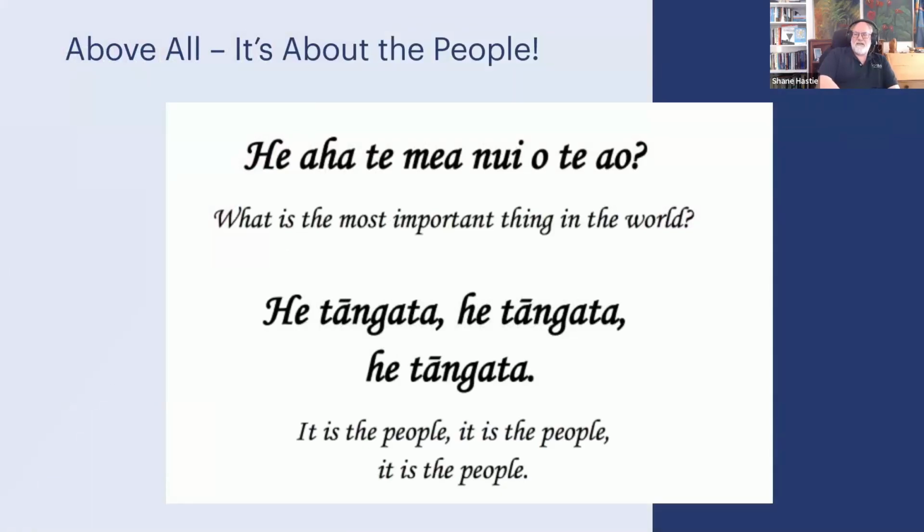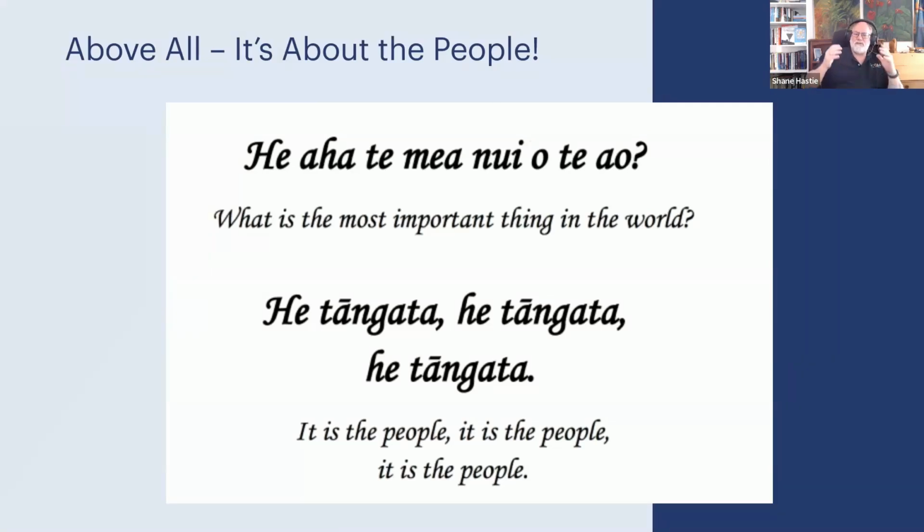He tangata, he tangata, he tangata. It's the people, it's the people, it's the people. It's all about the people. It's not about our tools and techniques. It's not about our practices.